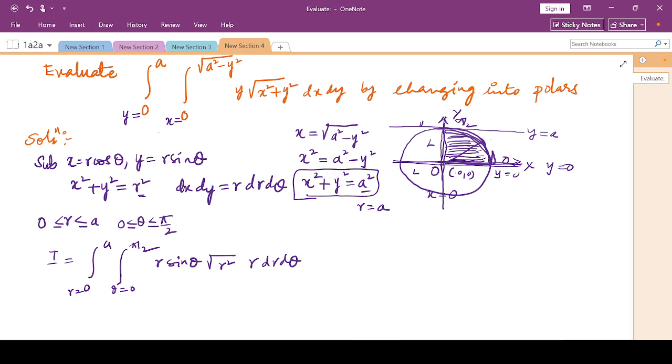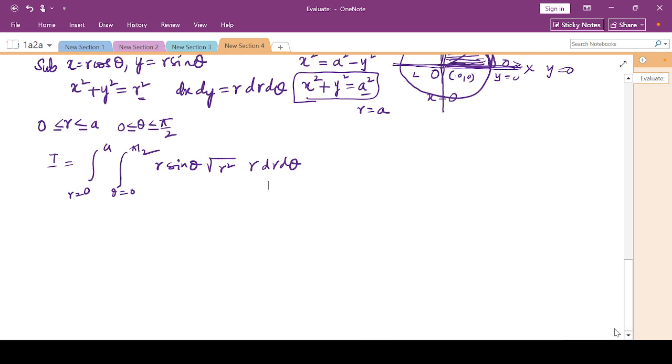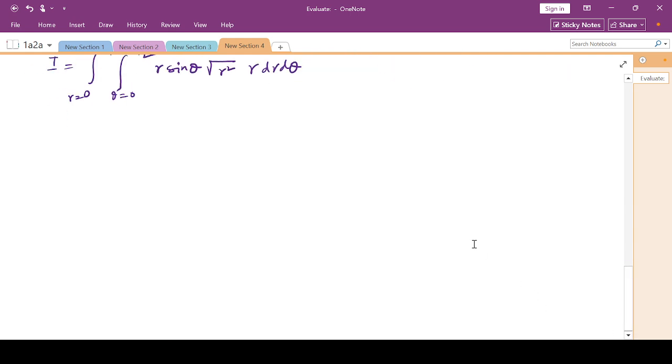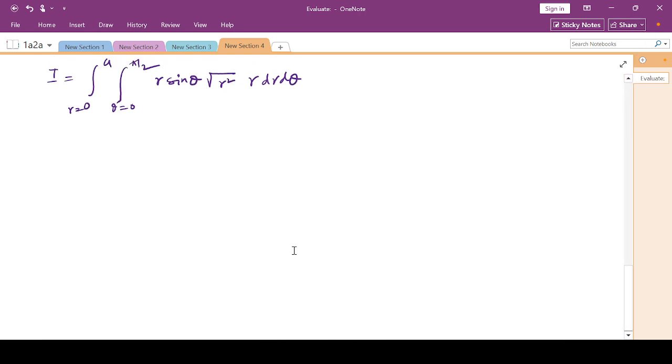Now, r runs from 0 to a, theta runs from 0 to pi by 2. This is r sin theta, keep it as it is.